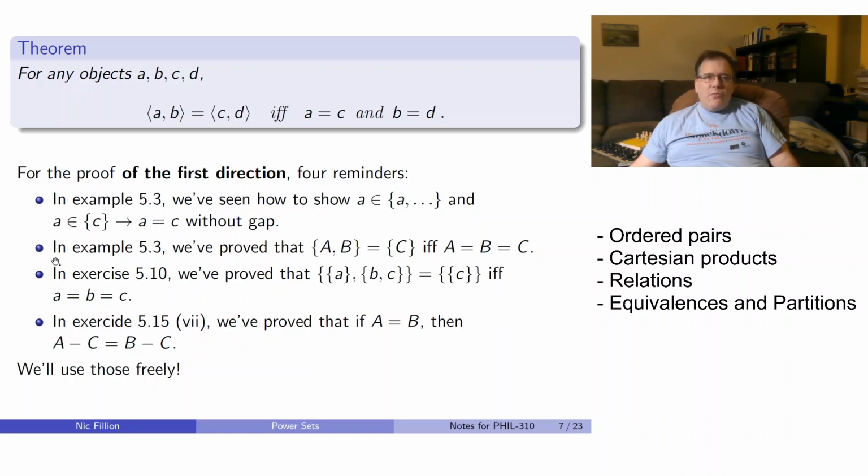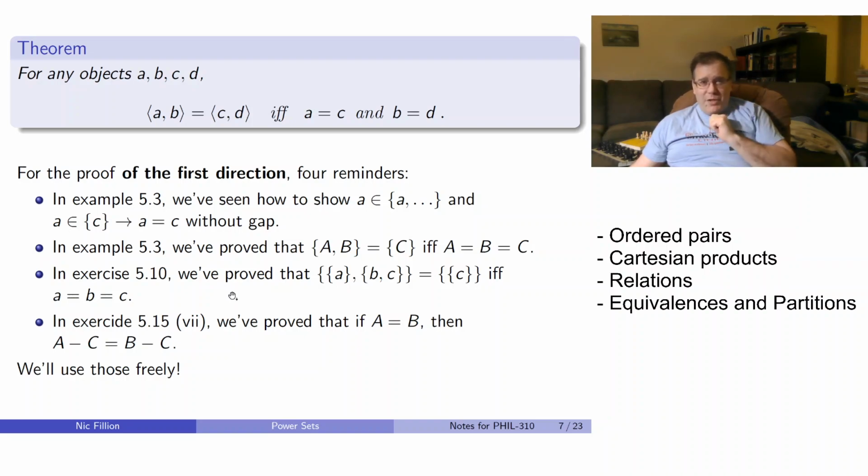Furthermore, we had a rule that tells us if A is in singleton C, that must mean A is the same as C. Okay? So we saw that already. Then in example 5.3, the theorem we proved is that if the pair containing A and B equals the pair containing C, that means A equals B equals C. And you've reused that particular theorem, hopefully. If you didn't, that must have been really long to do.